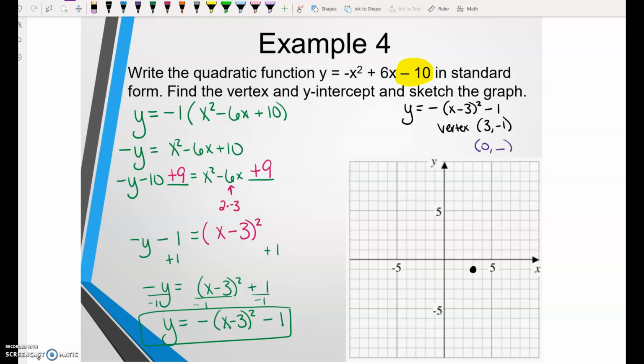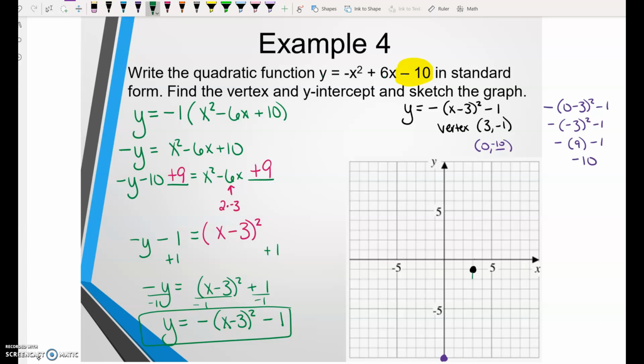Let me write this a different way. We'd have negative 0 minus 3 squared minus 1. And negative 9 minus 1 is negative 10. So our y-intercept is at 0, negative 10.